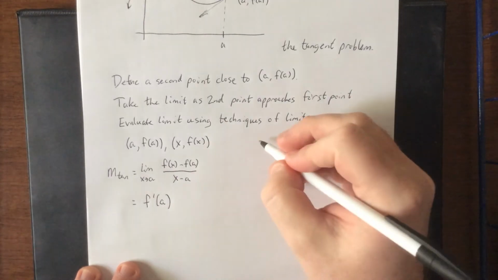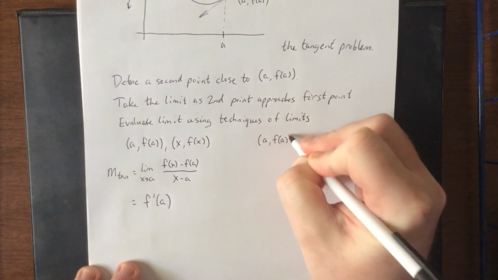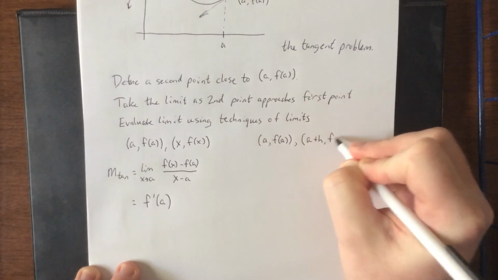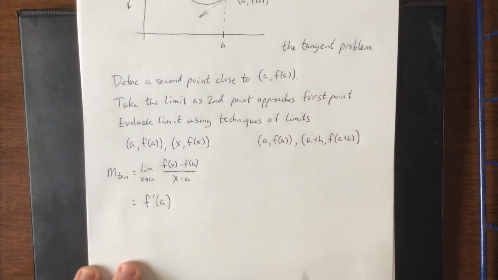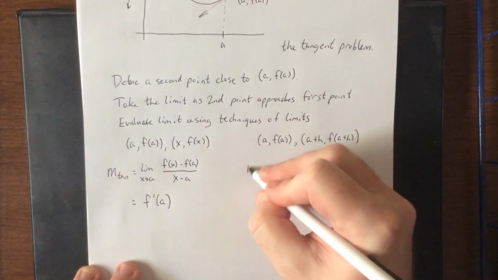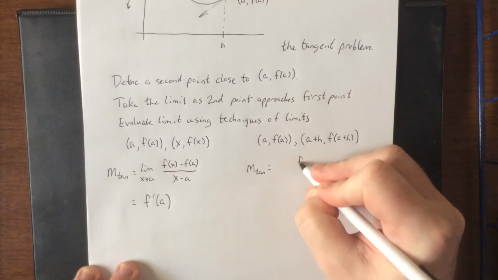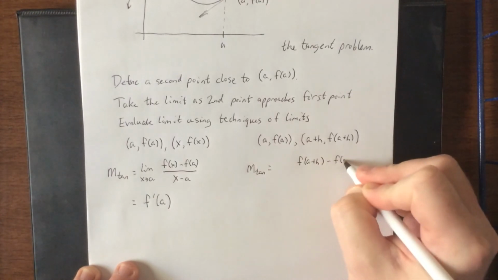There was, however, another way that we defined what this was, and that was by defining the distance between the first point and the second point as h. H for a horizontal distance between the 2 points. In the event that you define it in this fashion, the way that we bring the second point closer to the first point is by allowing that distance between them to go to 0.